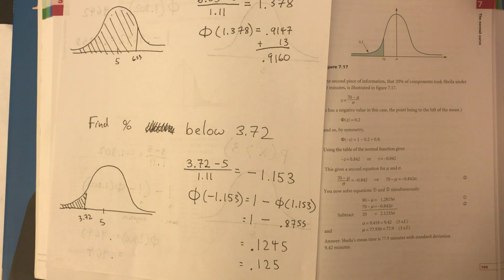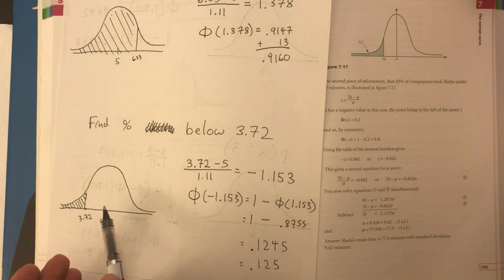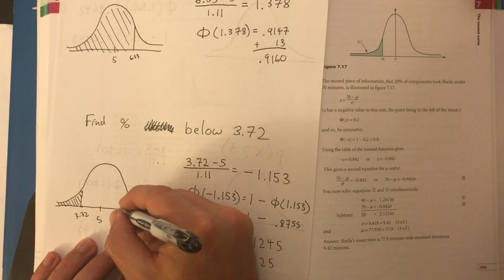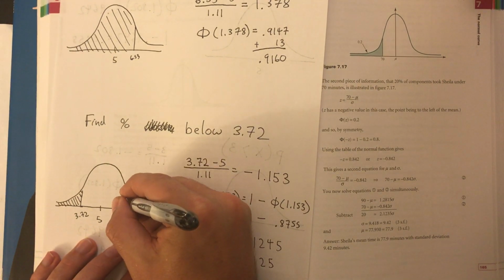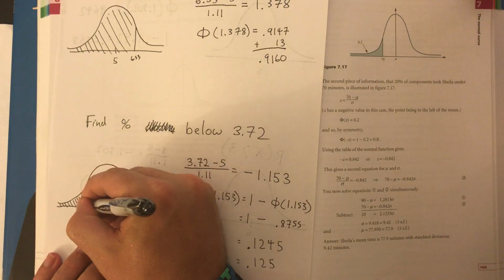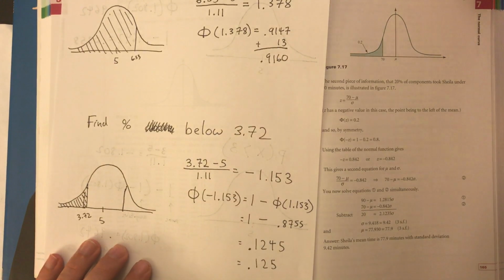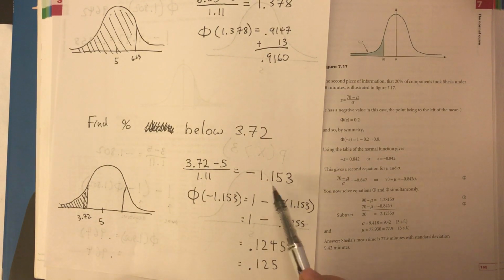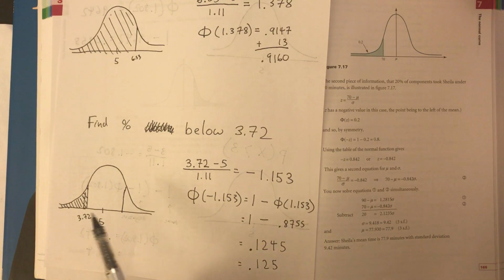That's the process of what you do. We can make sense about that thinking back to the normal curve, and it's all about symmetry. For example, if we find the z-value that goes with positive 1.153, then we found all of this percent over here.